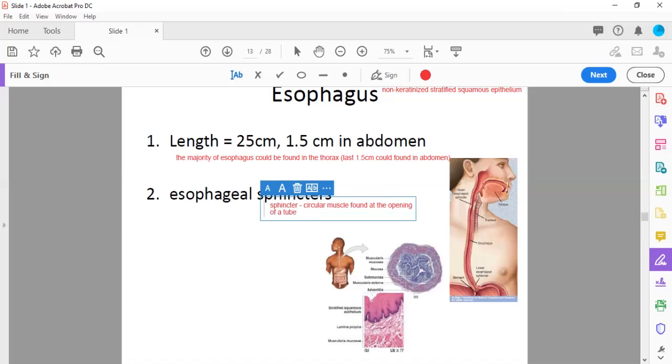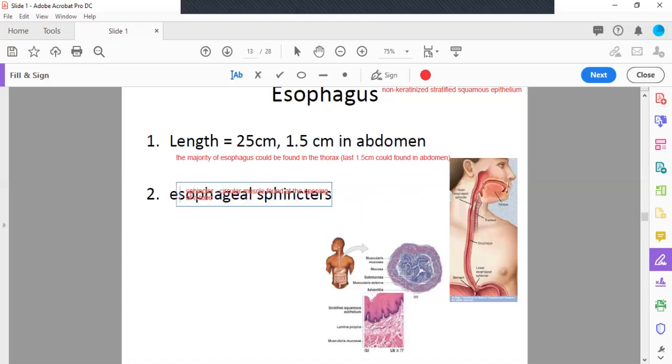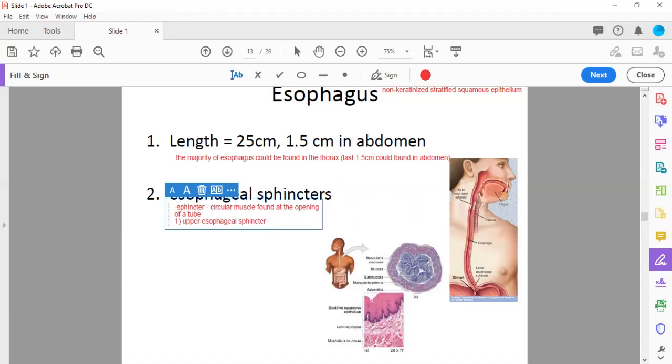Now, there are two esophageal sphincters. The first is called the upper esophageal sphincter. This is skeletal muscle.